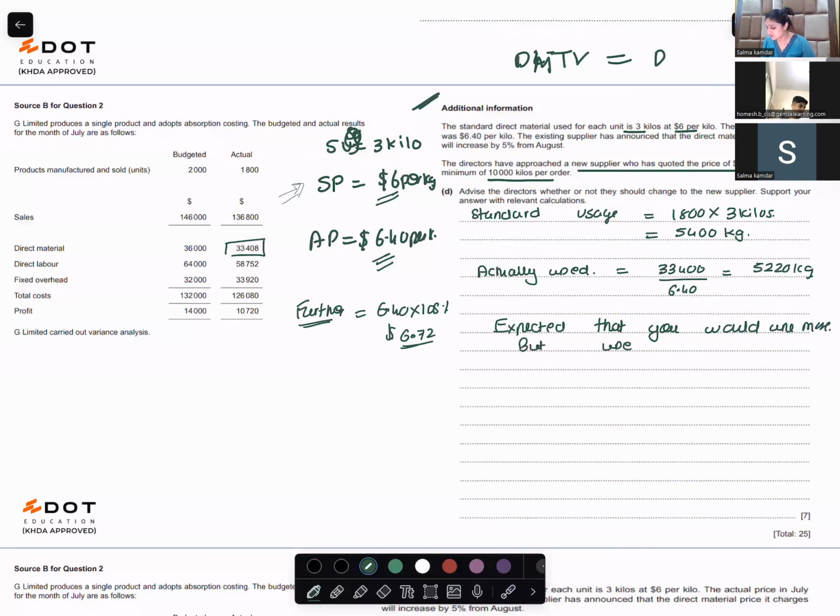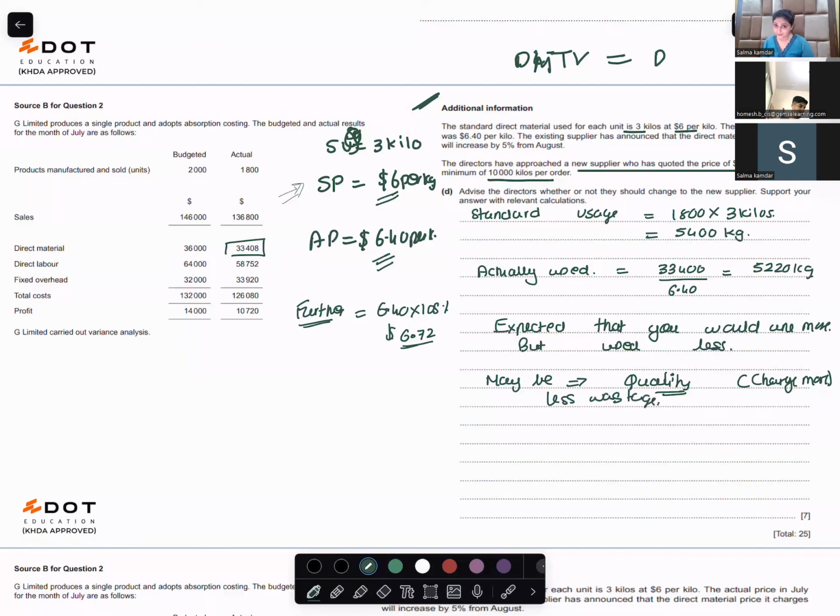Why could you use less? Maybe quality materials have been used. Quality material is there, that is why they are charging you more, and there is less wastage.